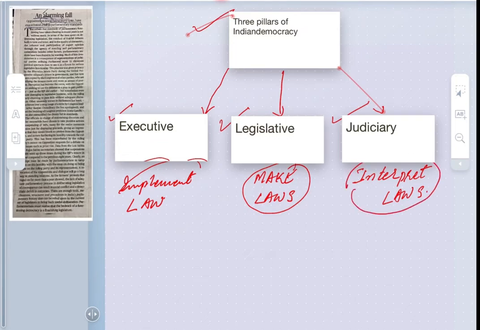So here the elected representatives, the legislators, will keep a check on the executive.